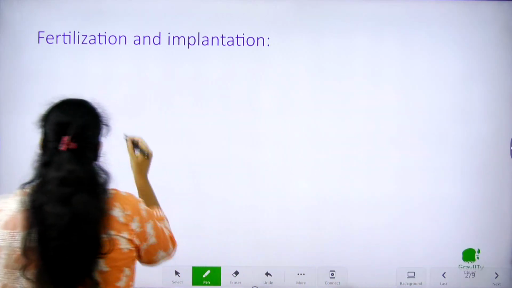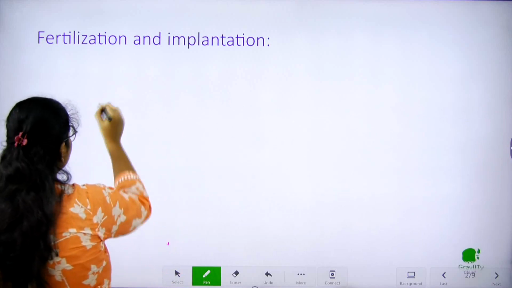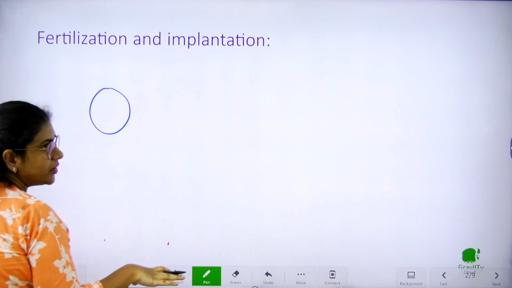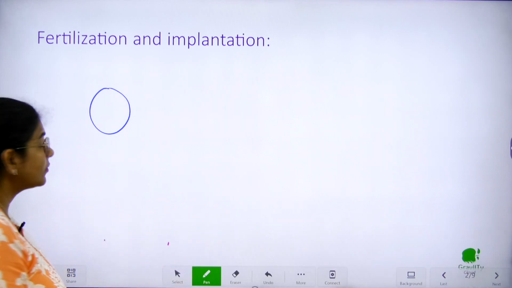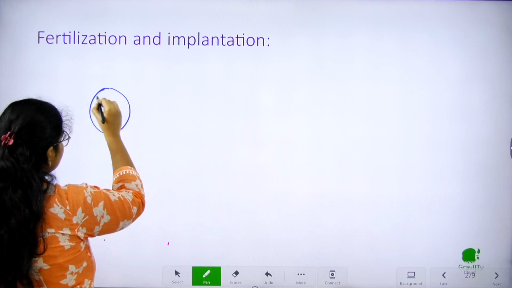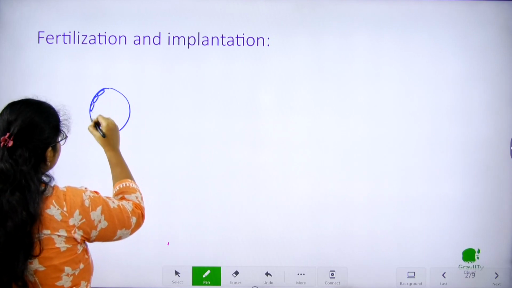Yes. So now where are we? We are at the stage of blastocyst. Now the blastocyst does not have zona pellucida. It does not have corona radiata. Both of the layers are gone. So this is simply an inner mass of cells and an outer mass of flat cells.